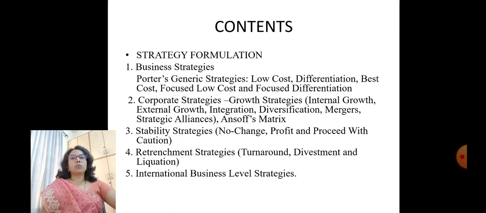By applying these strengths in either a broad or narrow scope, the generic strategies result in cost leadership, differentiation and focus. These strategies are applied at the business unit level. They are called generic strategies because they are not firm or industry dependent, but nature dependent.